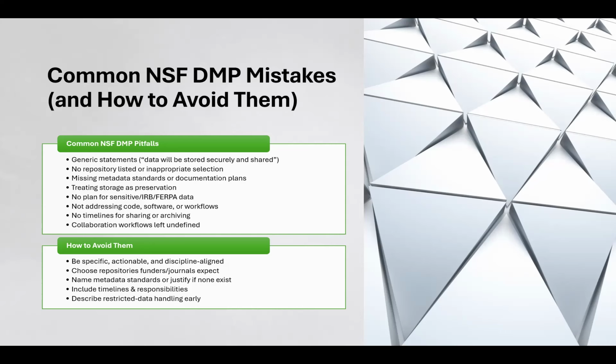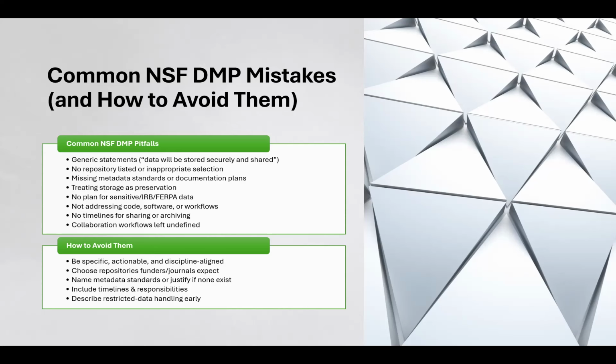You're going to name where, how, and what format. Another big issue is forgetting that code and computational workflows are considered data under NSF's updated definitions. Also, think through that storage is not preservation. NSF is going to expect that you have a real archiving plan.